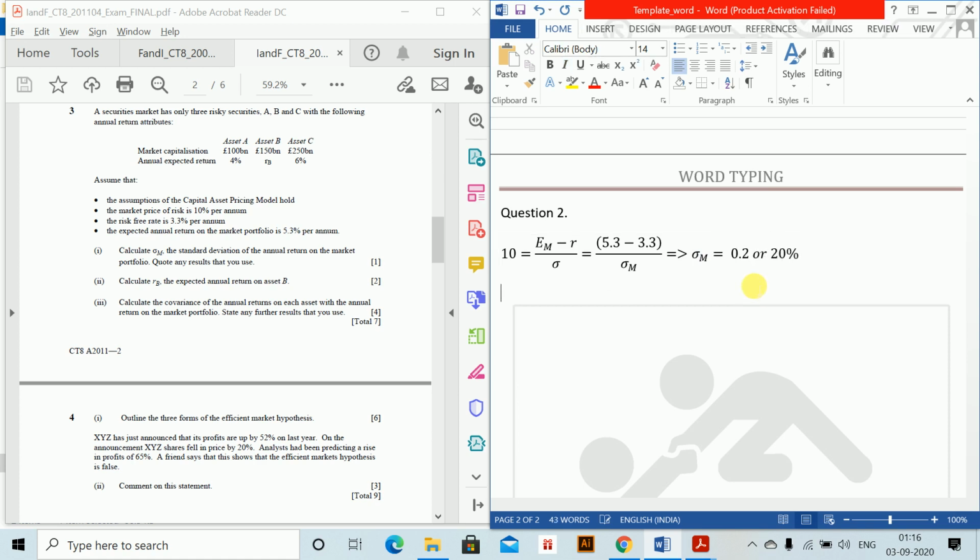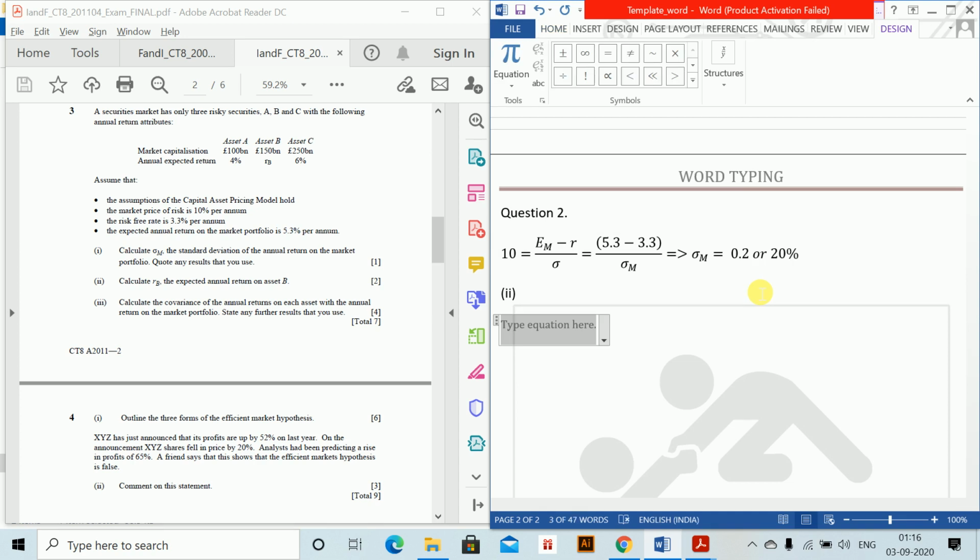Okay, part 2: calculate R_B, the expected return on asset B. So E[M] equals MC_A divided by MC_M times E[A] plus MC_B divided by MC_M times E[B] plus MC_C divided by MC_M times E[C].